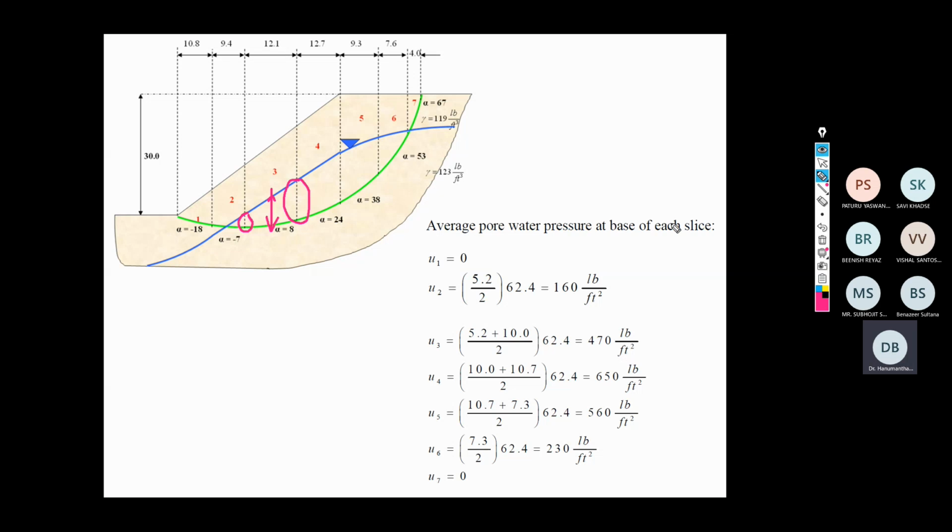Okay, sir. Okay, so this is how U3, U4, U6 and U7. So for U1 and U7 there is no water table, therefore pore pressure is 0.